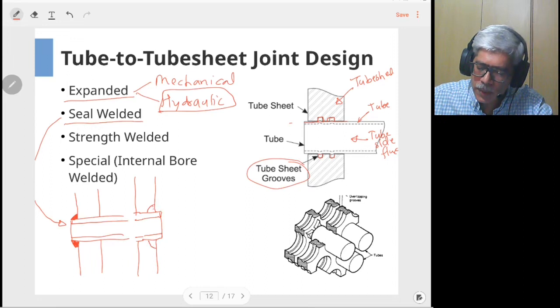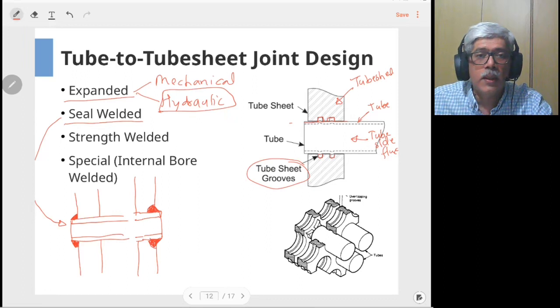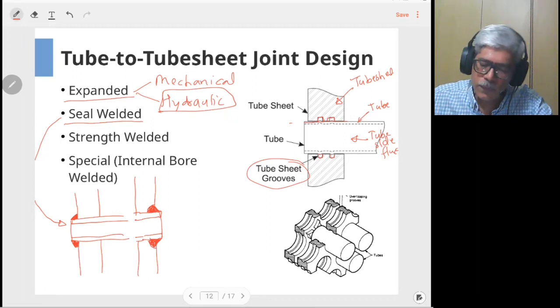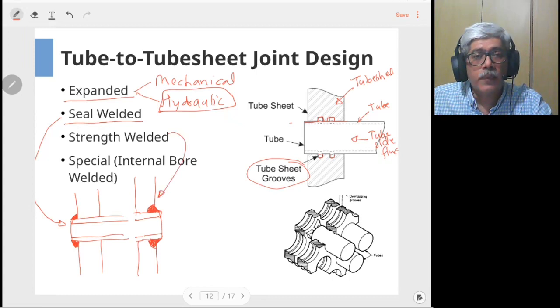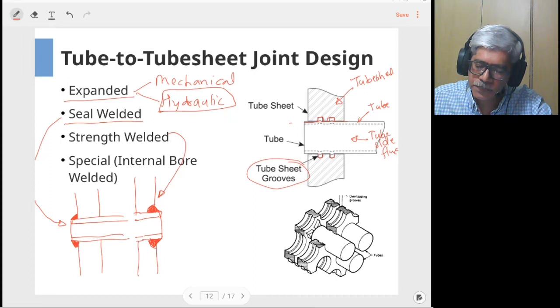You machine a groove and then fill up the groove with the weld material as well as some kind of a fillet in addition to that of the groove weld. So this provides more strong joints. So this is used for high pressure heat exchangers.